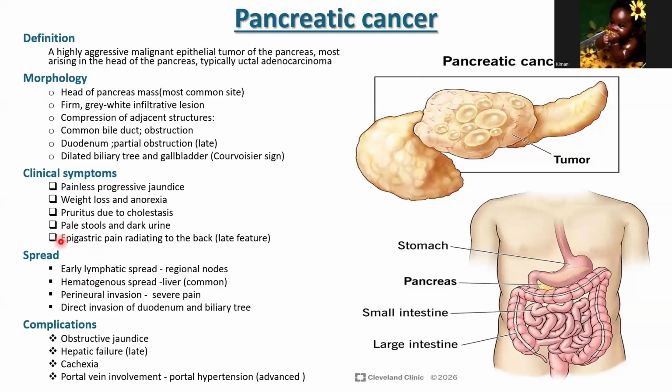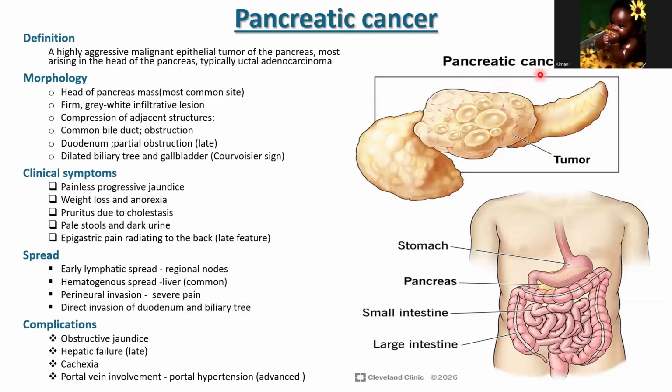Then we have spread: early lymphatic spread in regional nodes, hematogenous spread to the liver, and then perineural invasion, which will lead to severe pain, and direct invasion of the duodenum and biliary tree.